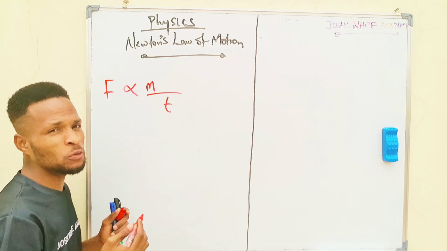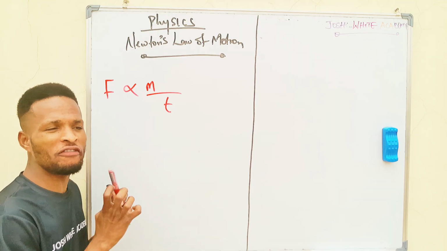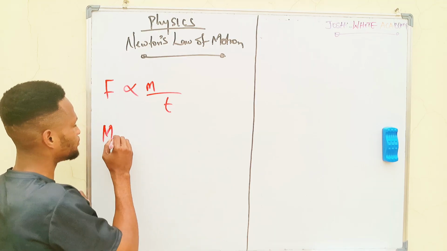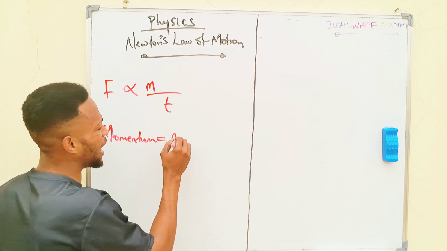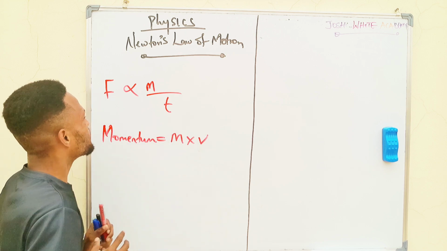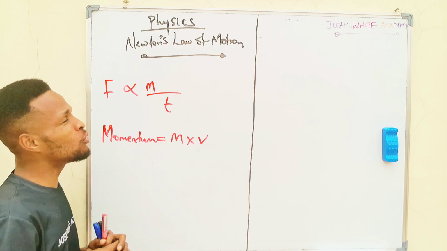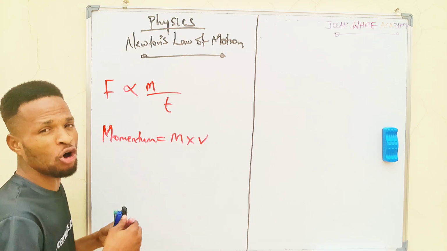Momentum is actually the product of mass and velocity. So, Newton's second law of motion states that the force is directly proportional to the rate of change of momentum.